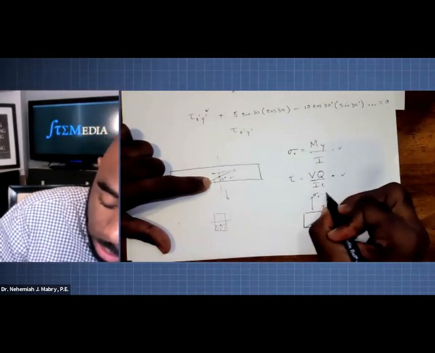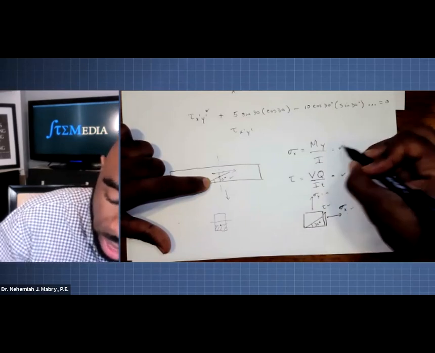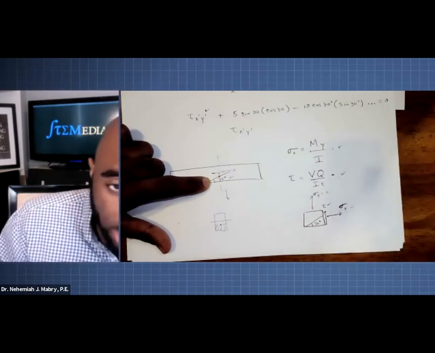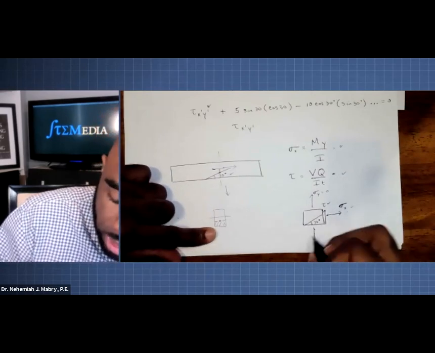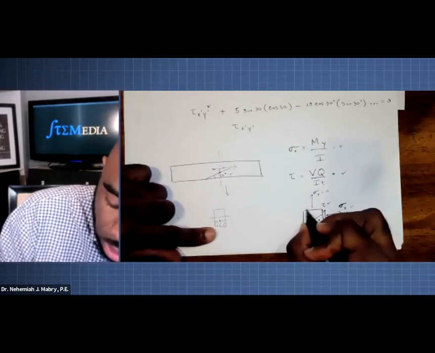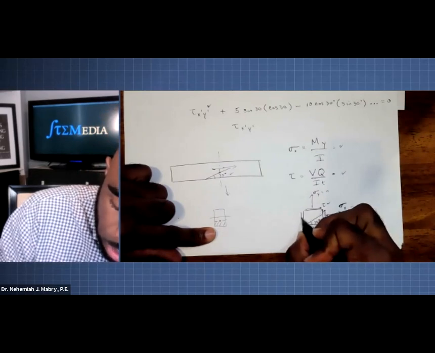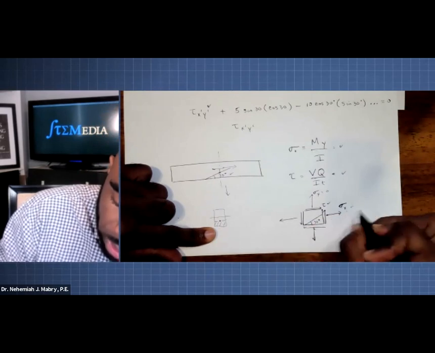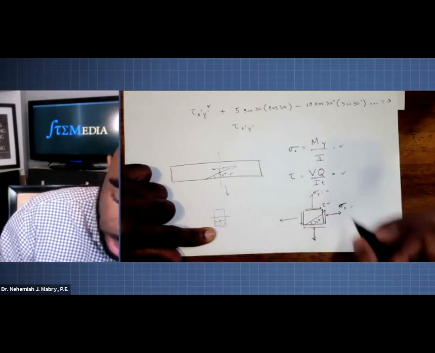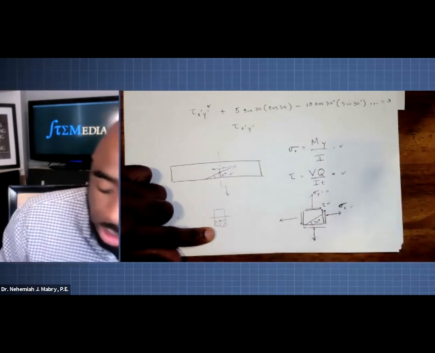So in this case, this will be 0. This will be whatever value that is. And this is going to be whatever value that is. And now you can draw it just like the simplified versions that we've been drawing. Because this side is going to be the equivalent to that side, and this side is going to be equivalent to that side. And all these shear stresses are going to be the same.